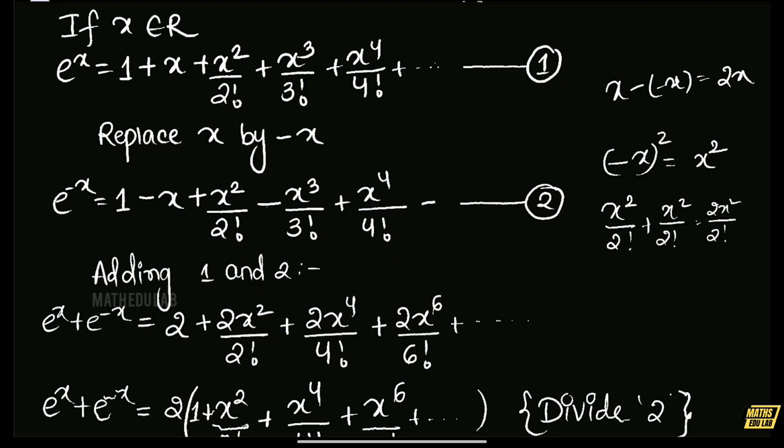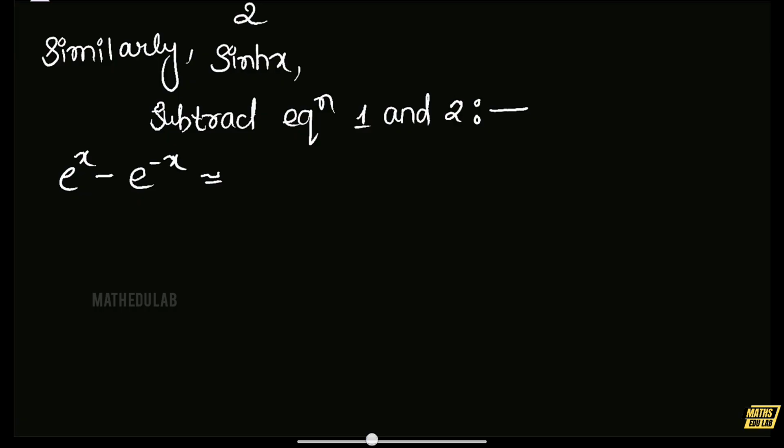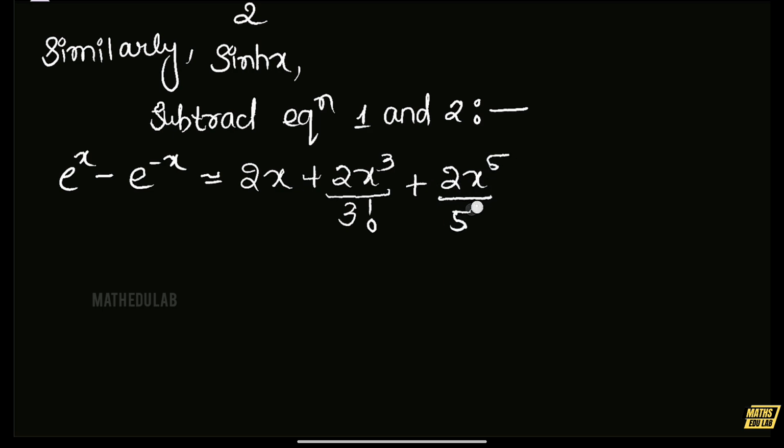Here we will get all the odd terms, that means the terms with odd powers. So it equals 2x plus 2x cube by 3 factorial plus 2x to the power 5 by 5 factorial, and so on.